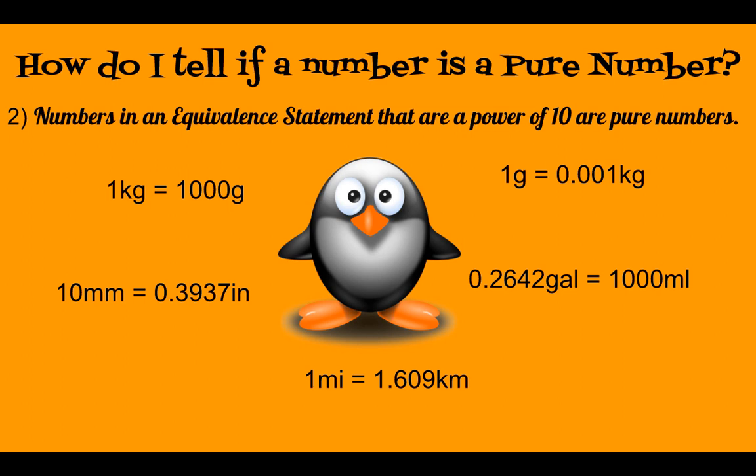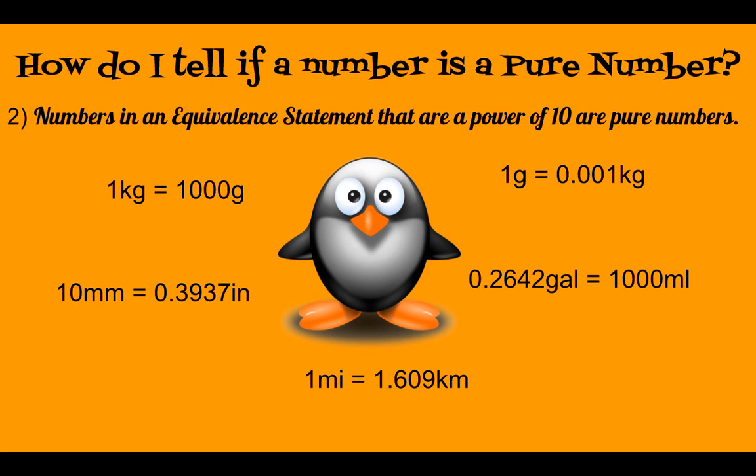But if you get down to the next 2, you have 0.3937 inches being compared to 10 millimeters. So 10 millimeters acts as the known, and what you're comparing to it is this 0.3937. If you look over at that 0.2642 gallons, it's the same kind of thing.